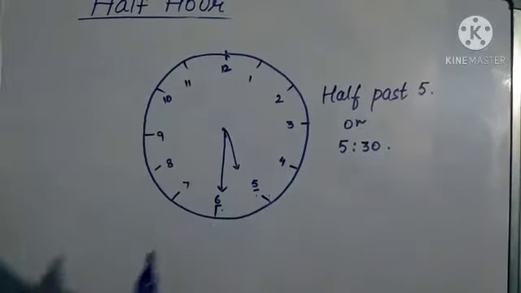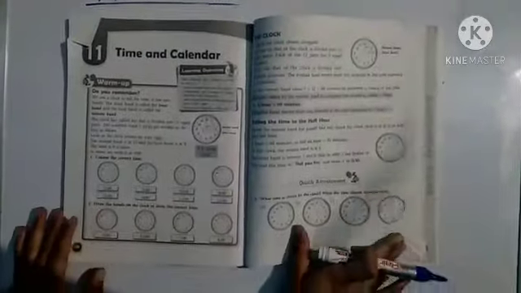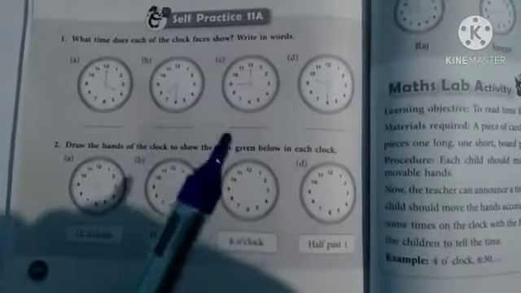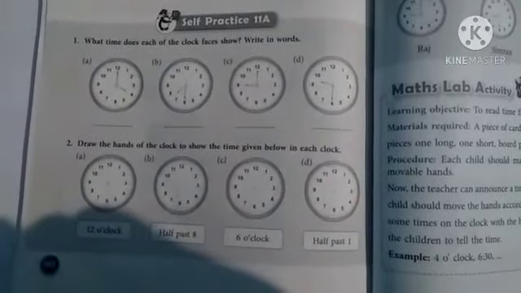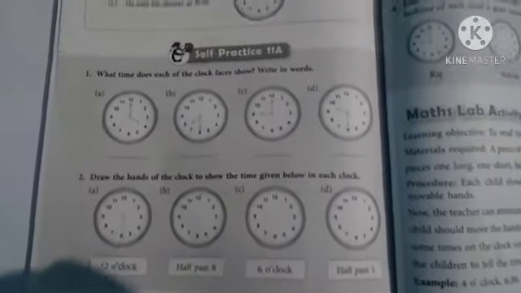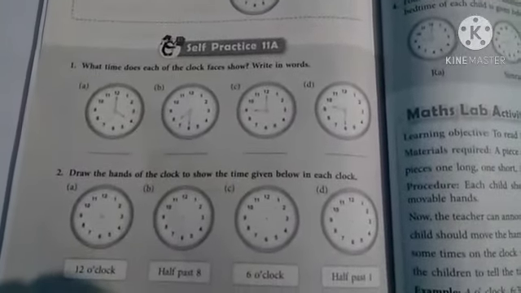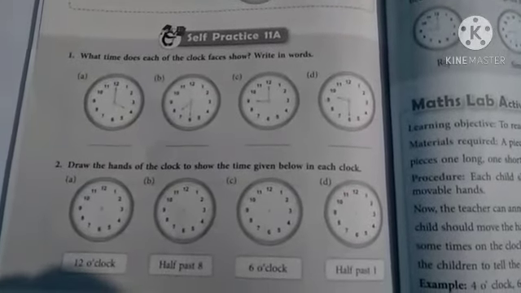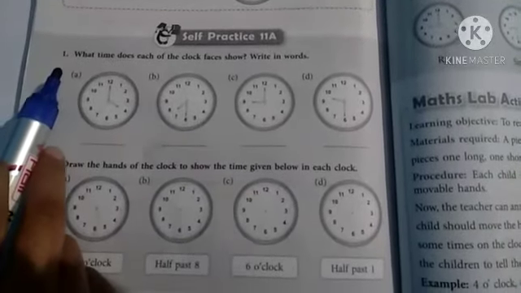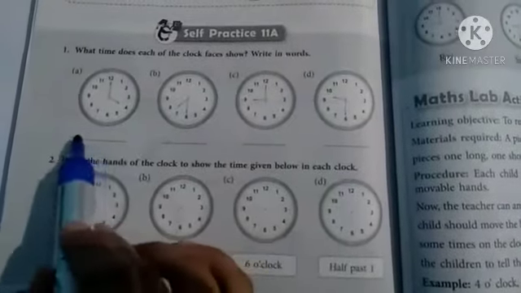Now this is your book, and this is your exercise 11A, which is given at page number 140. This exercise you have to do yourself. It is a very easy exercise. Question number 1 is about writing in words.